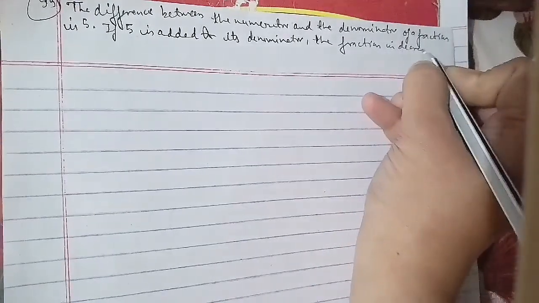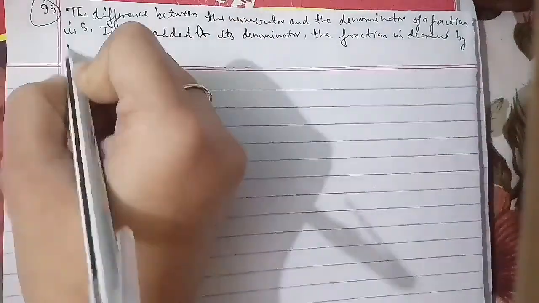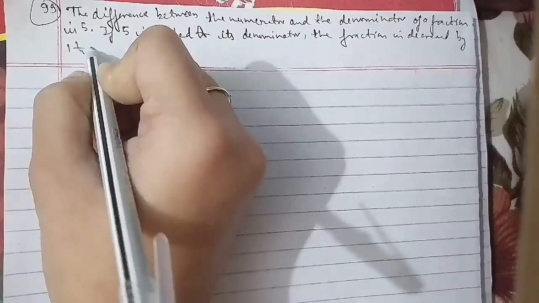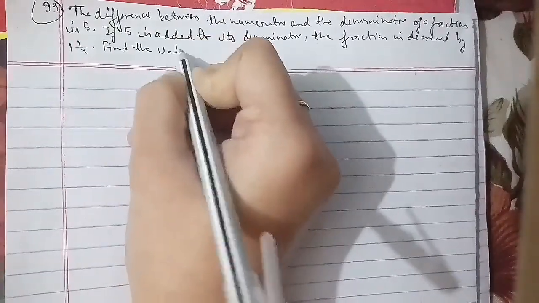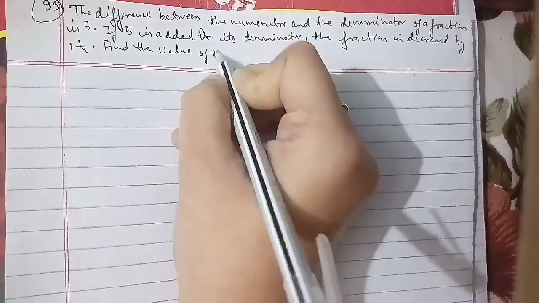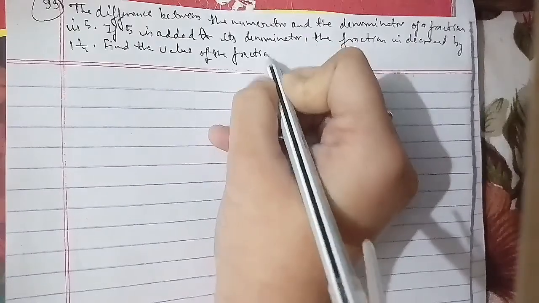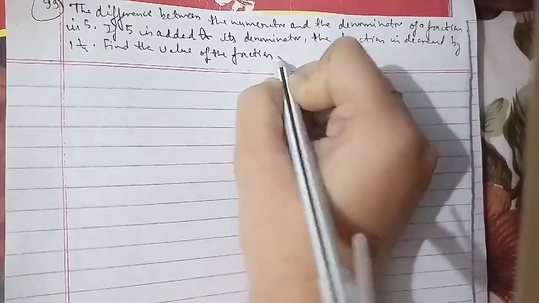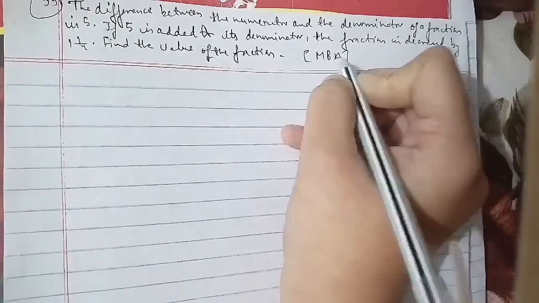Find the value of the fraction. So this has been asked in your MBA examination paper. The options for the same are 1 by 6, 2, 1 by 4, 3, 1 by 4, and 6 here. So let's go ahead, and we have the solution as follows.